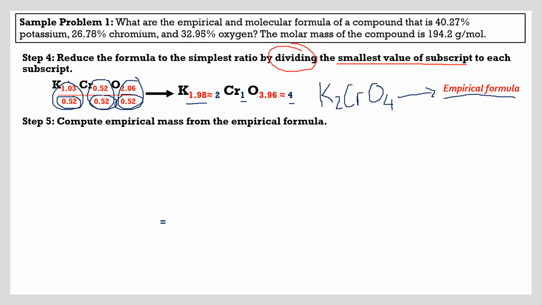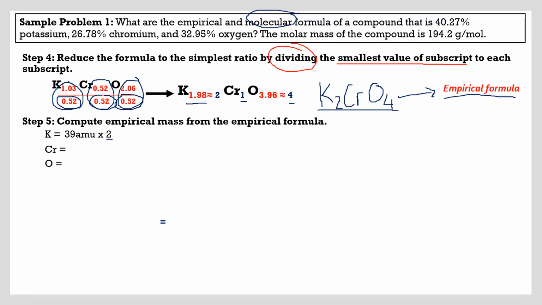Now the next step is to compute the empirical mass from the empirical formula because we still need to find the molecular formula of the compound. When computing the empirical mass, it's just like computing the molecular mass that we did in our percent composition. So using this formula, K2CrO4, potassium's atomic mass is 39 times 2 because we have 2 atoms of potassium.